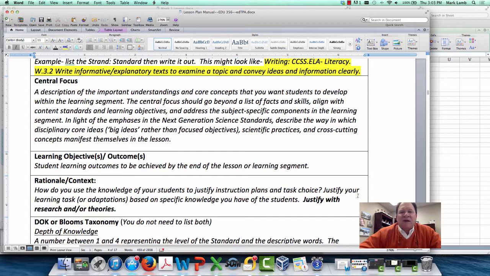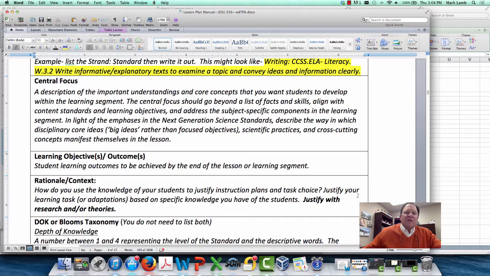What's that specific content or concept theme that you want your students to understand? Where you're wanting to bring them to. We're not just talking about these five facts or skills, but you should go beyond that. Make sure it's aligned to the standard that you mentioned above and the objective that you're going to be writing below.